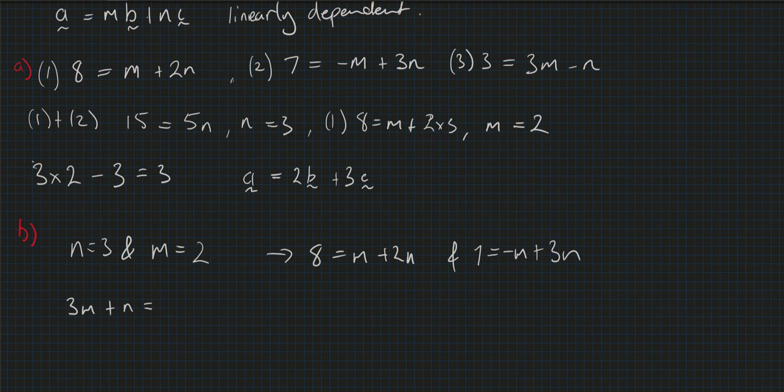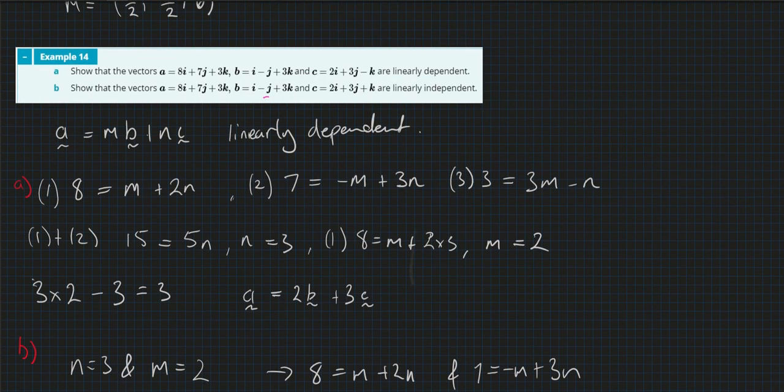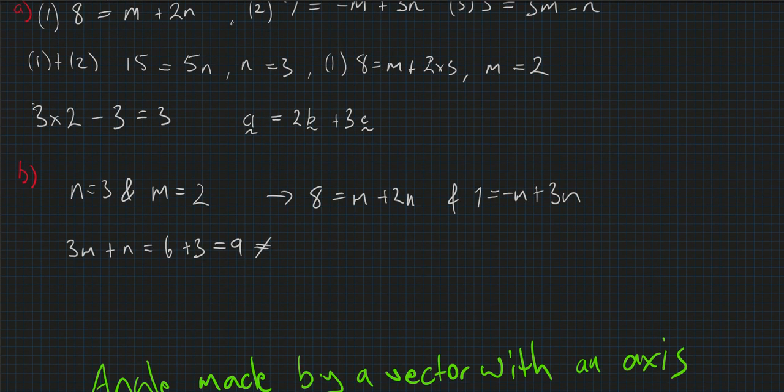Equals 3 times 2 plus 3, which equals 9, which is not equal to the k in A. It's not equal to 3. So they are independent. So those A, B, and C are independent. All right, fantastic.